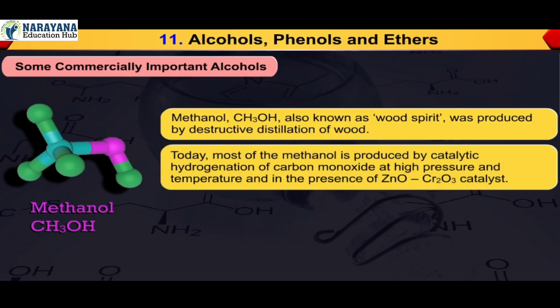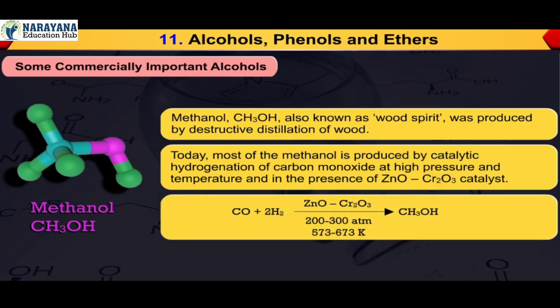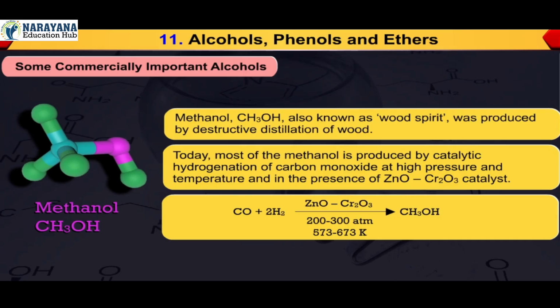Today, most of the methanol is produced by catalytic hydrogenation of carbon monoxide at high pressure and temperature, and in the presence of ZnO-Cr2O3 catalyst. CO plus 2H2 in the presence of ZnO-Cr2O3 at 200 to 300 atm and 573 to 673 Kelvin gives CH3OH.